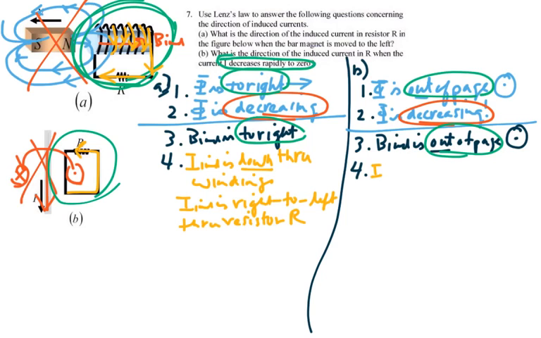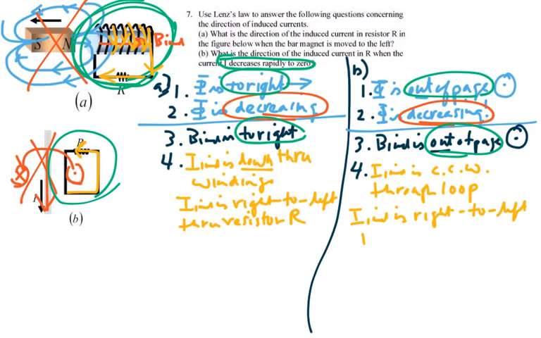So I induced is counterclockwise through the loop, and that means it's going right to left through that resistor. So I induced is right to left through the resistor.